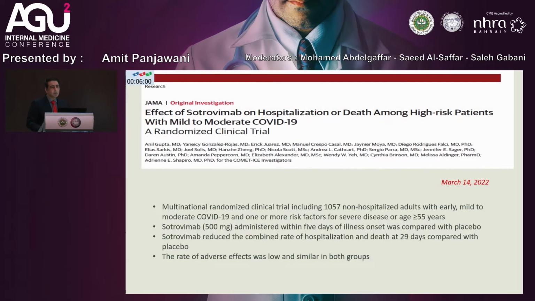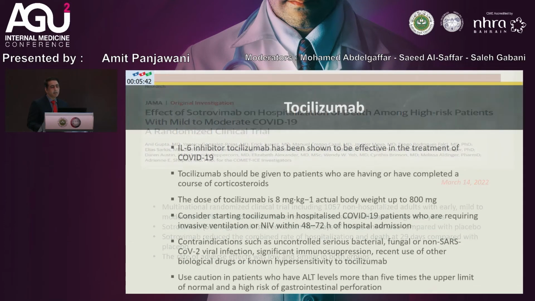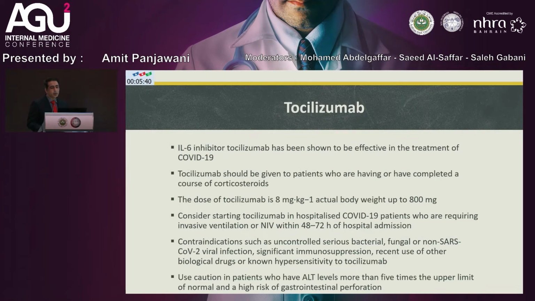The other group of drugs in this immunomodulators category would be sotrovimab. It's a neutralizing antibody against the SARS coronavirus, and its usage in the early phase of the infection prevents the poor outcomes of COVID pneumonia.